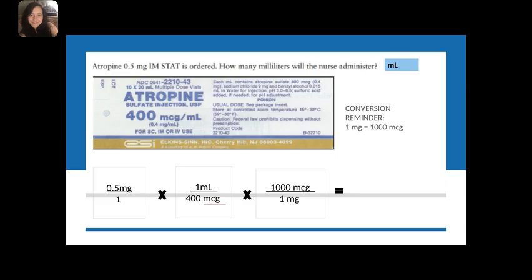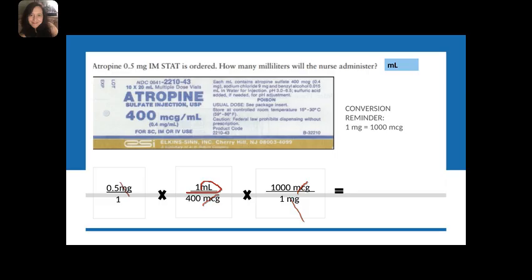And that works because I also have milligrams in the numerator, and therefore I would want this on the other side to be in the denominator. So with that intended, we put milligrams and milligrams, micrograms and micrograms, leaving only milliliters. So I'm on the right track. So this equation is okay.